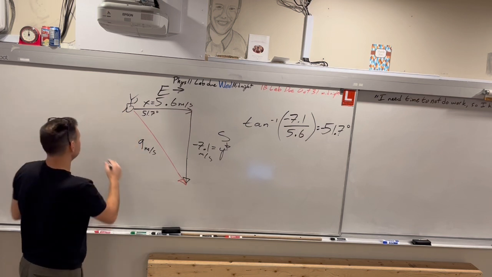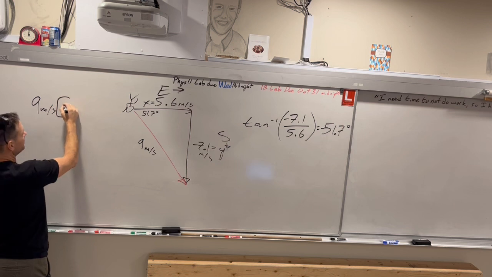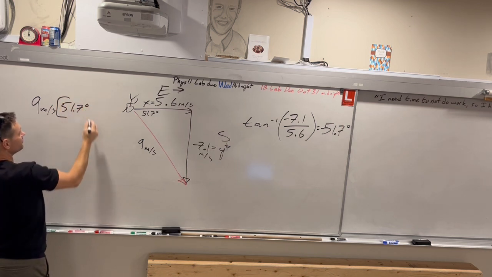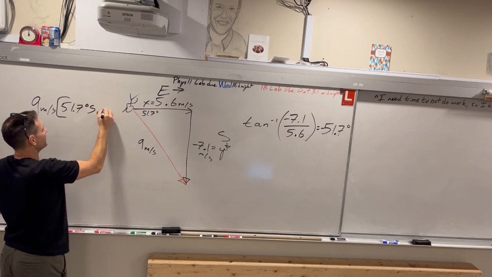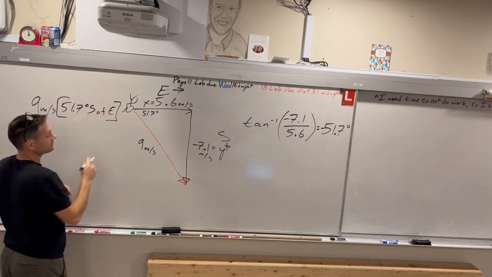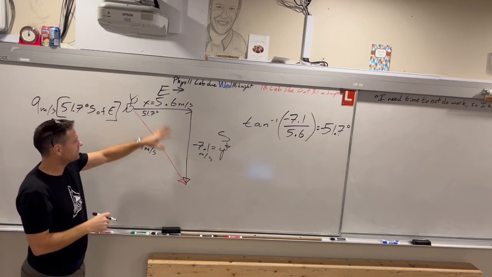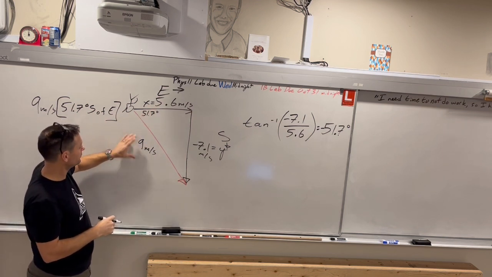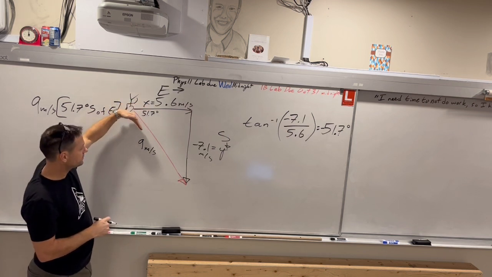So you would say this is 9 meters per second, 51.7 degrees. You start at east and move south, so this is south of east. That's how you might say that. If you're just working in positive and negatives, you just leave it alone. This is just a magnitude. And the direction is given to you by the angle.